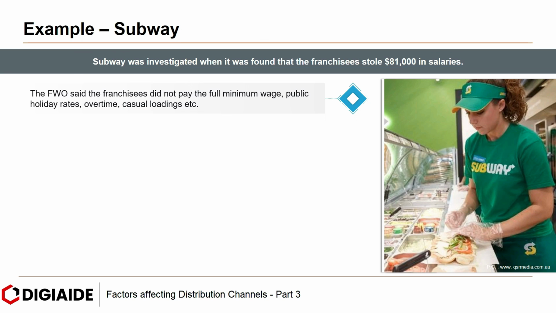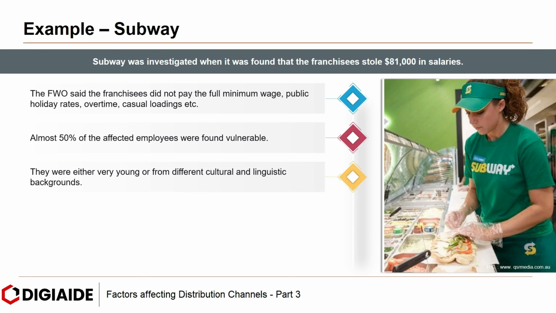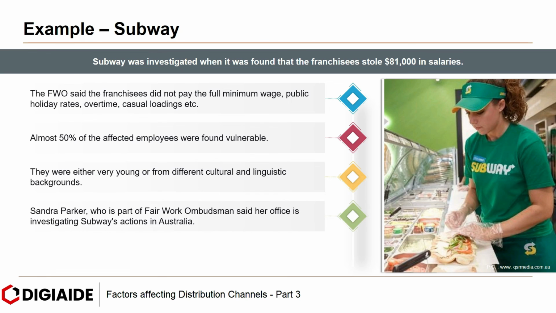Moving further, the FWO said that the franchisee did not pay full minimum wage, public holiday rates, overtime and casual loadings, etc. Almost 50% of the affected employees were found to be vulnerable. They were either very young or from different cultural and linguistic backgrounds. Sandra Parker, who is part of the Fair Work Ombudsman, said her office is investigating Subway's actions in Australia.